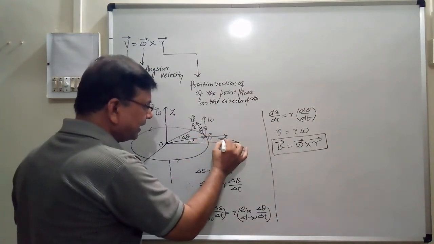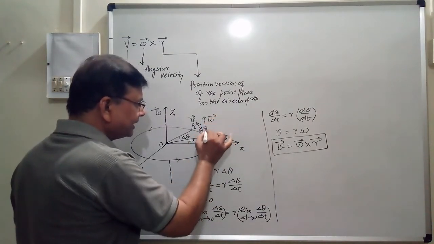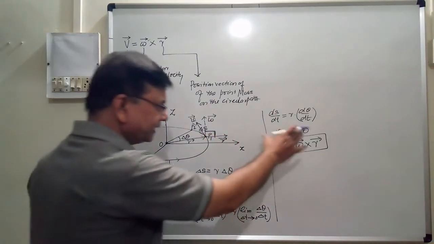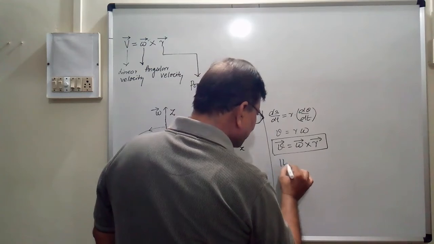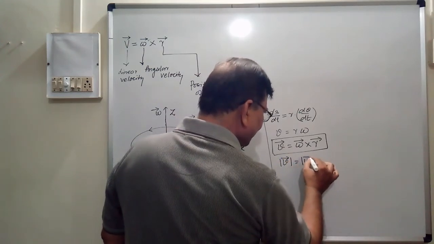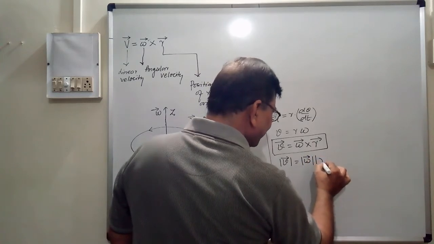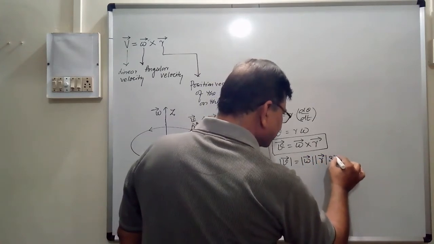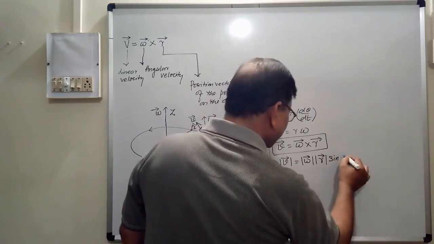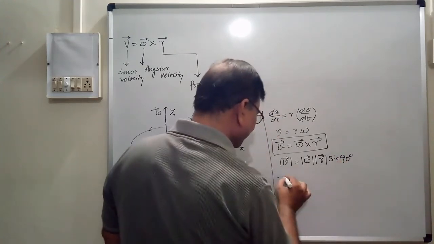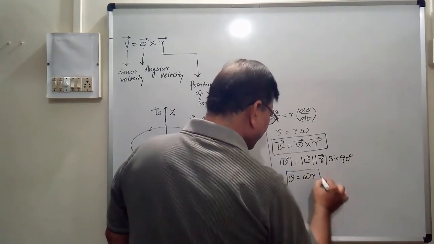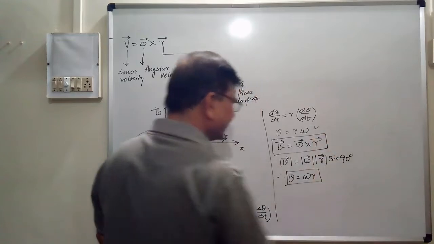This is the vector R, this is the omega vector, so the angle between them is 90 degrees. So the magnitude of V is the magnitude of omega into the magnitude of the r vector into sine of theta. In this case, theta is 90 degrees. Therefore, V is equal to omega r. We got the same thing over here.